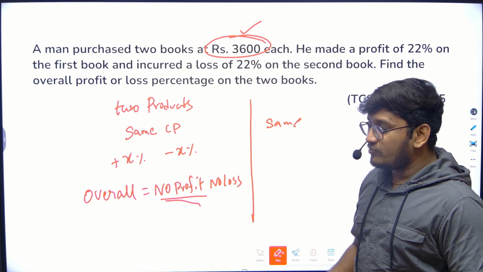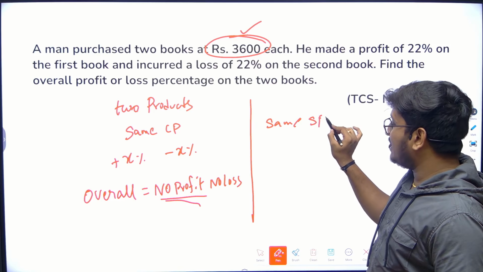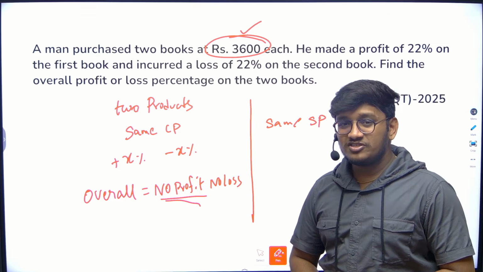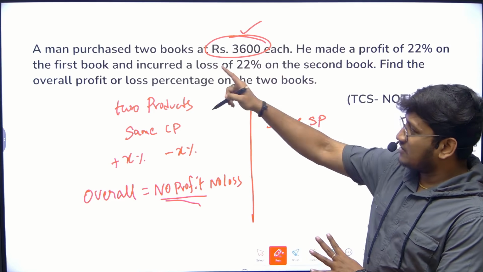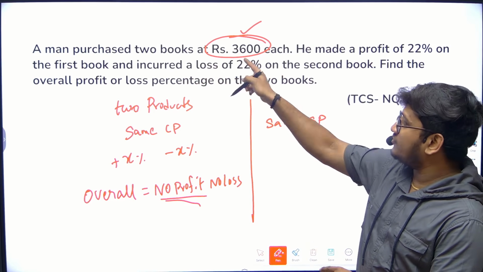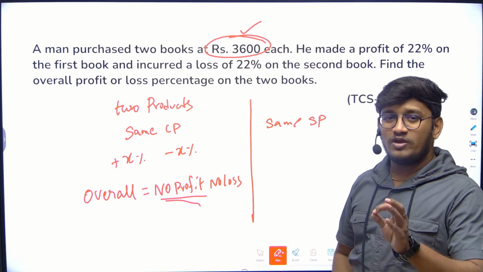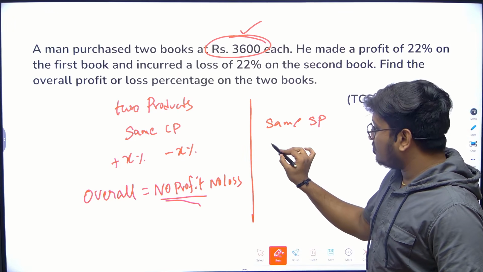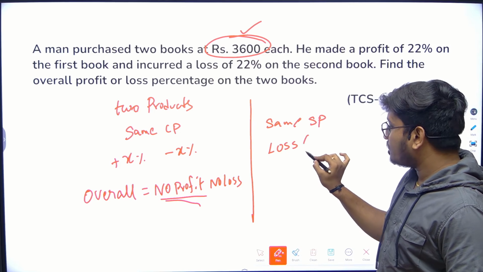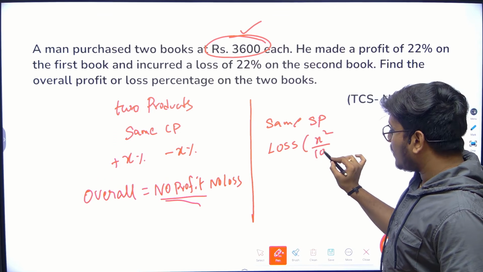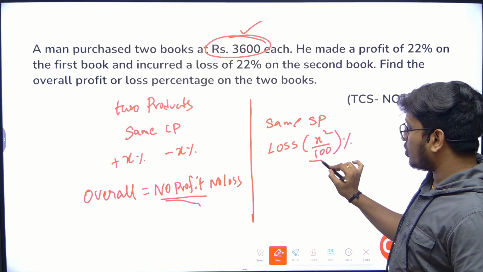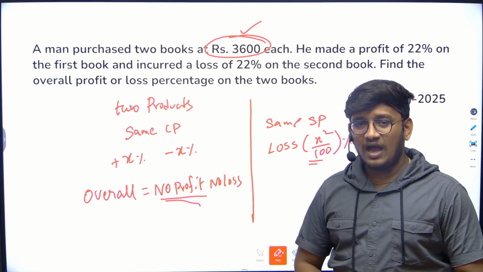In case you have the same selling price, in a similar situation, a man sold 2 books for 3600 each, just one word different, the answer will be a loss of X square by 100%.